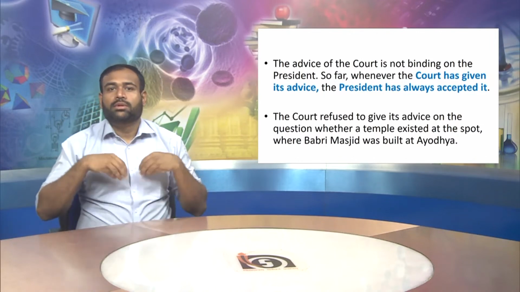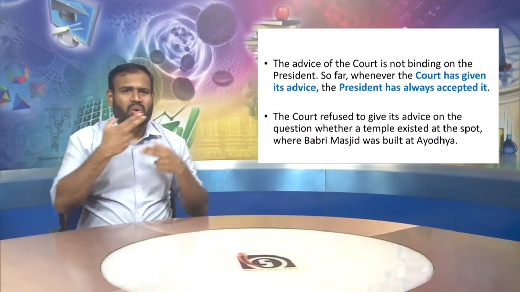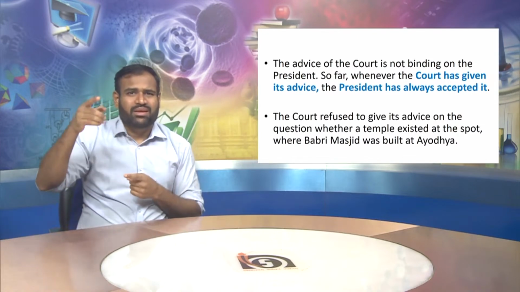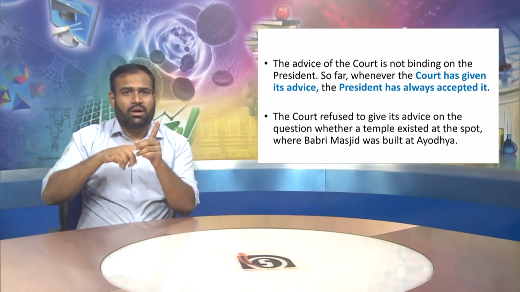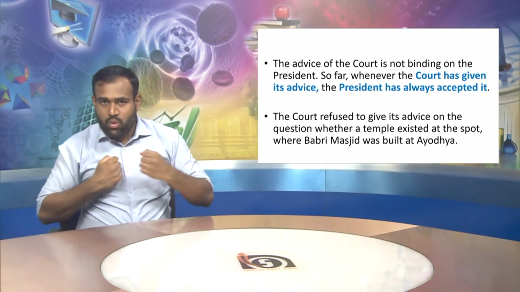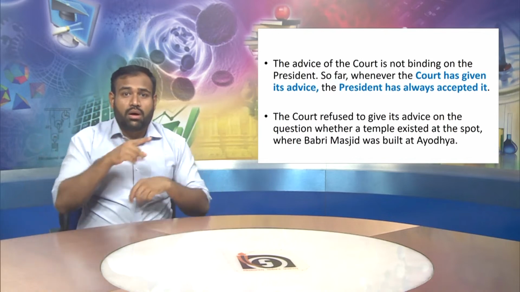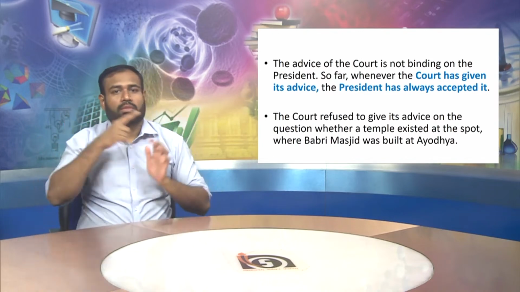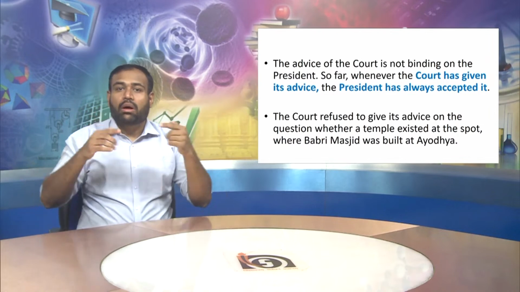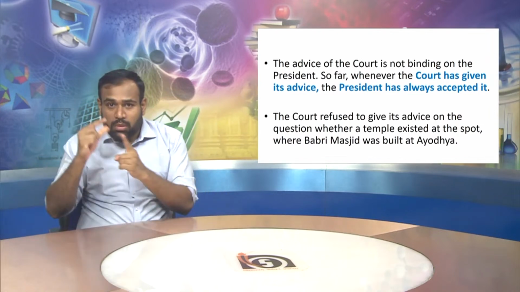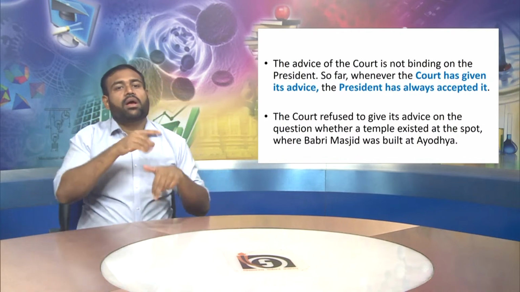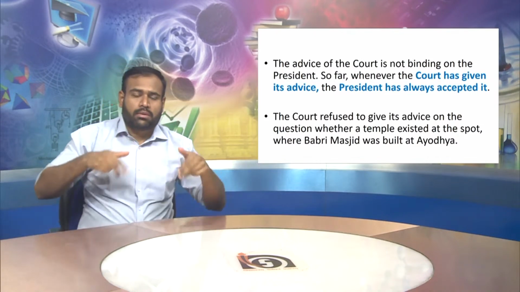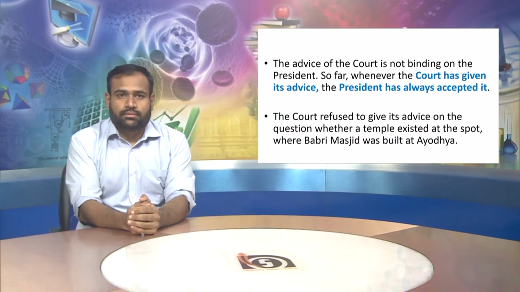So far, whenever the court has given its advice, the President has always accepted it. The court refused to give its advice on the question whether a temple existed at the spot where the Babri Masjid was built at Ayodhya.